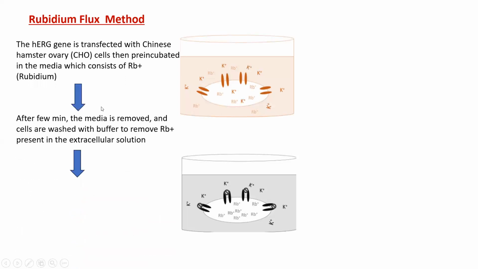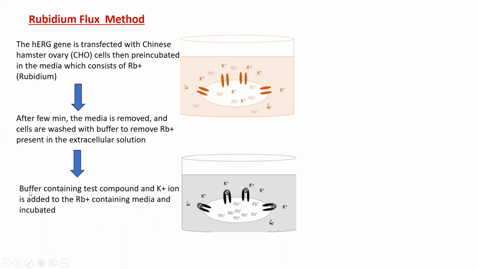Then after keeping this in the pre-incubated position for some minutes, the media is removed and the cells are washed with the buffer. So what happens? The rubidium ion present extracellularly gets washed out from the medium.